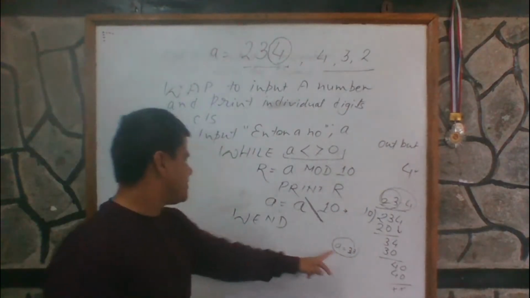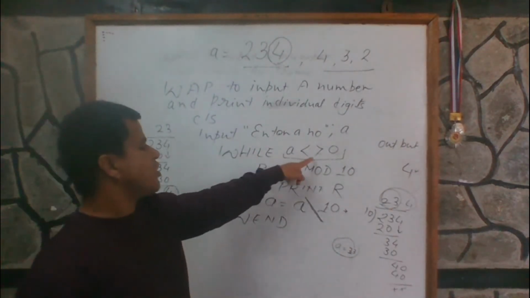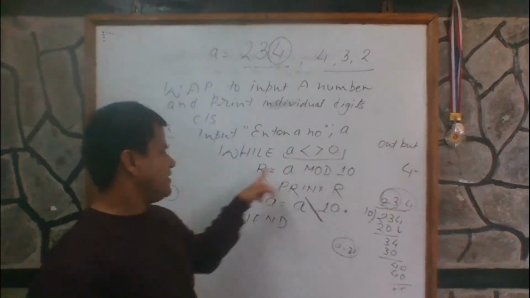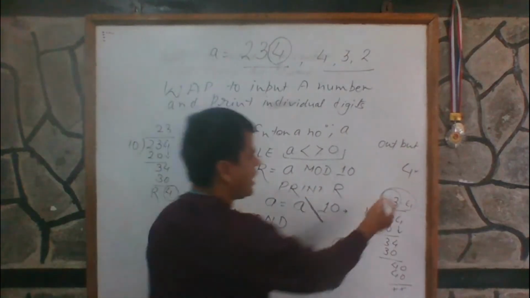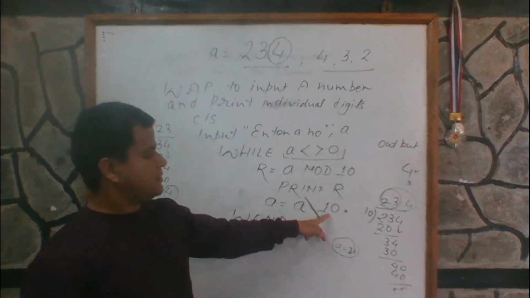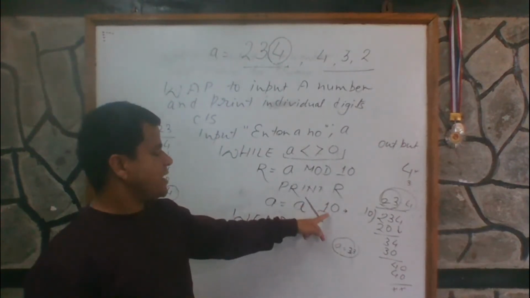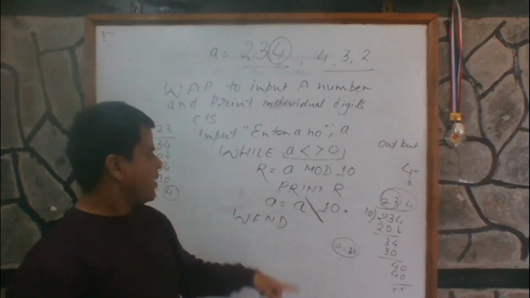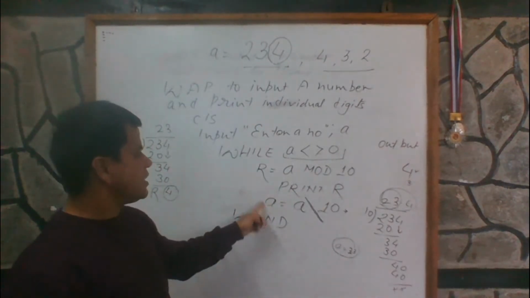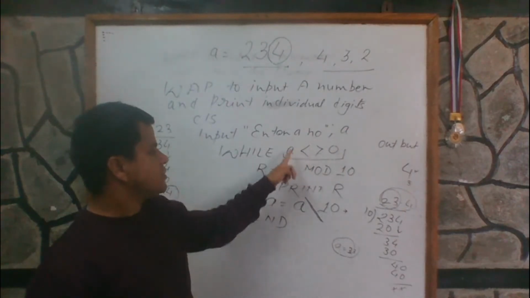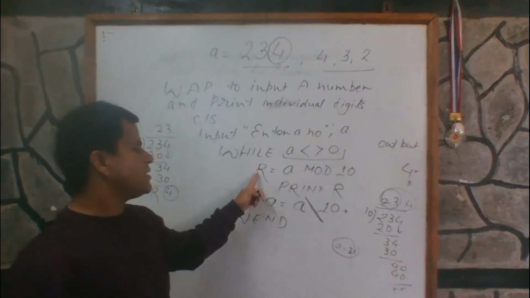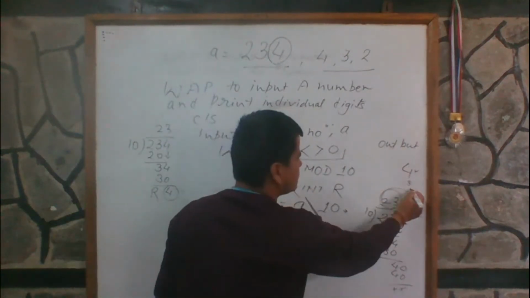And the value of A becomes 23, and 23 is not equal to 0, the condition is true, and 23 divided by 10 leaves the remainder, that is 3. After that 3 is the output, and 23 is divided by 10, 2.3, the integer part is 2, next time 2 comes, 2 is not equal to 0, the condition is true, 2 mod 10 leaves the remainder 2, and the remainder 2 is printed.